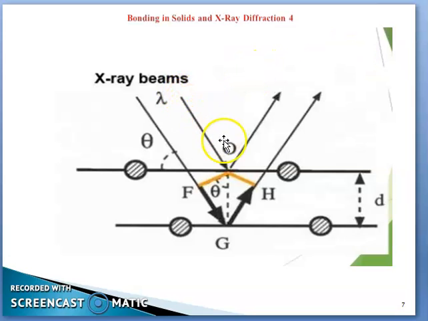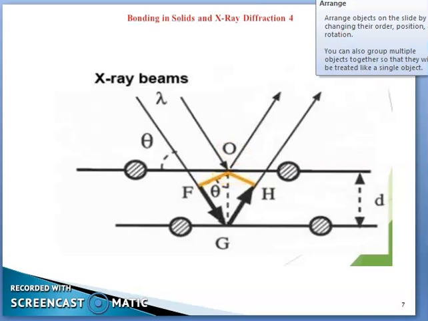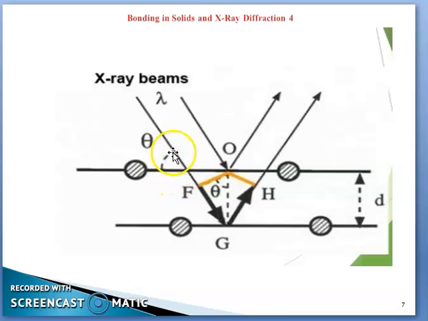The ray which is incident at O is going to reflect in this direction. And here angle is obliquely incident, that is theta, and then this angle is also what? Theta. Now let's draw OF perpendicular to this incident ray and OH perpendicular to this incident ray.